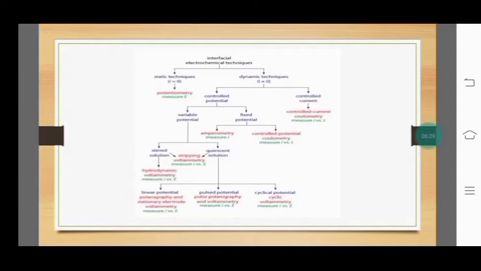For example, static techniques and dynamic techniques are experimental conditions. Potentiometry, controlled current coulometry, amperometry, and controlled potential techniques are called specific techniques. While measuring potential, and measuring current versus time, are the analytical signals.